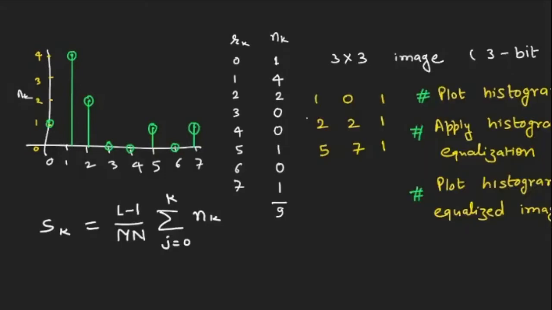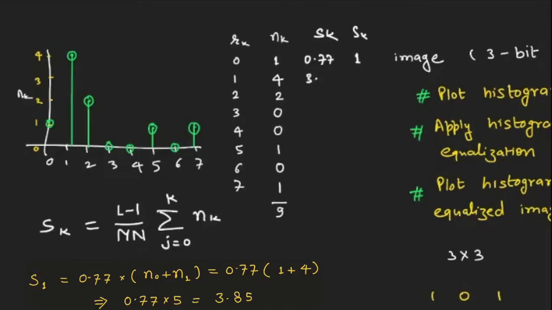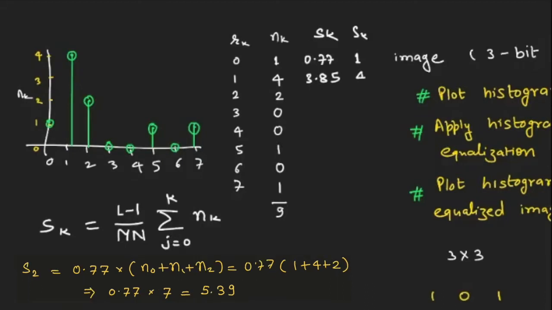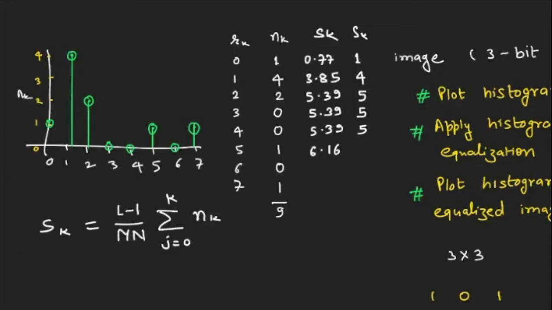S0 is 0.77, so 1, because you need to go to the closest integer. S1 is 3.85, that will be 4. For 2, 5.39, close to 5. 3 will remain 5 only. 4 is also 5 only. Now 6.16, which is 6. And 7 will be just 7.